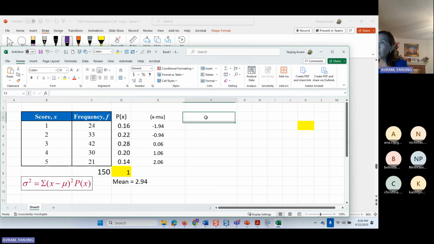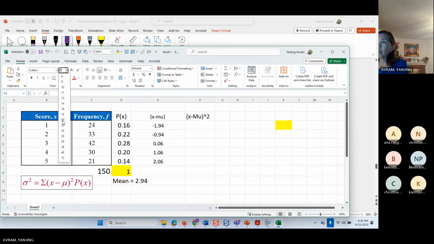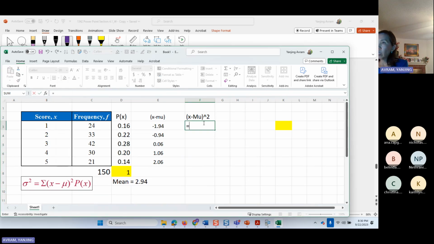That's step 1, do the parenthesis. And my step 2, I have to do the exponent. So you're going to have x minus mu, squared. Square first. Each one, if you square, will become positive.